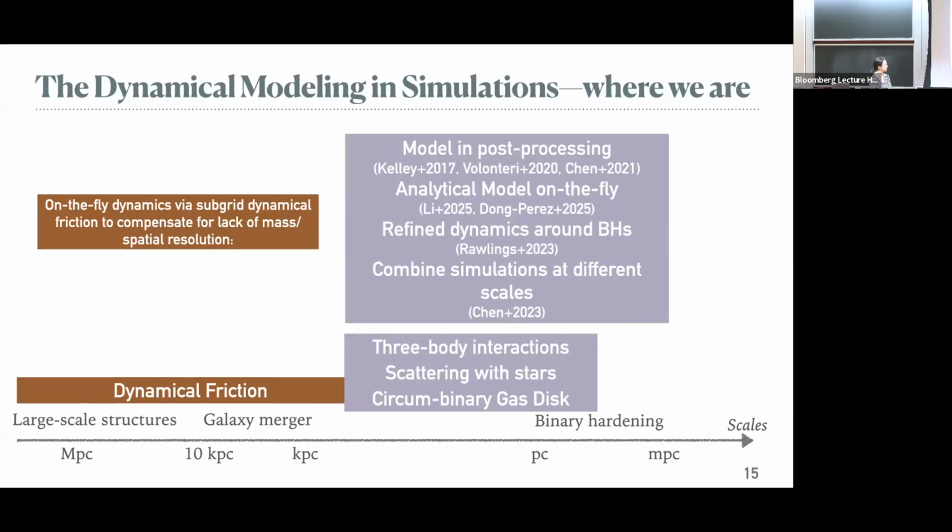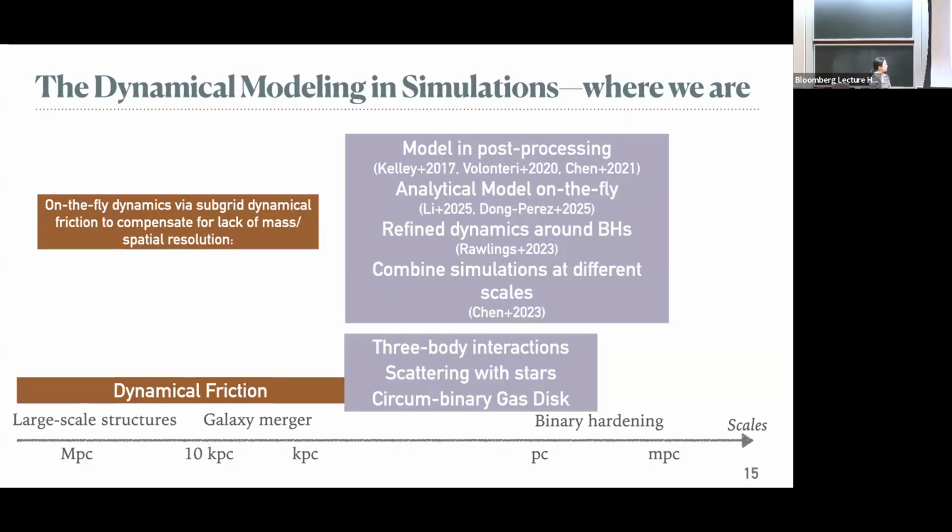There has been a group that tried to incorporate these post-processing models but treat them on the fly, meaning that they don't merge the black hole until after this hardening timescale. You can also try to refine the dynamics around each of the black holes. Basically you create a region around the black hole where you want to resolve things better, and you treat the star interactions more carefully.